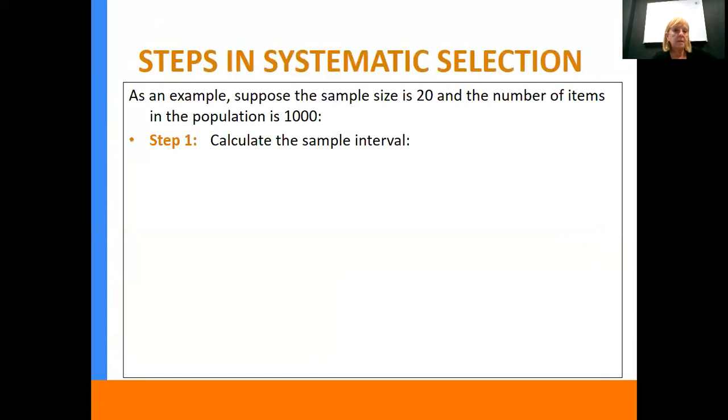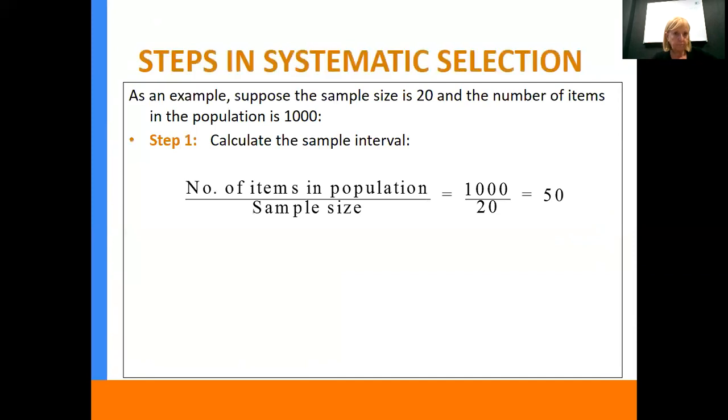The first step is to calculate the sample interval. That is, do I take the 10th item, the second item, or whatever? So I calculate my sample interval by dividing the population by the sample size. I want 20 items out of 1,000, so I'm going to select every 50th item.